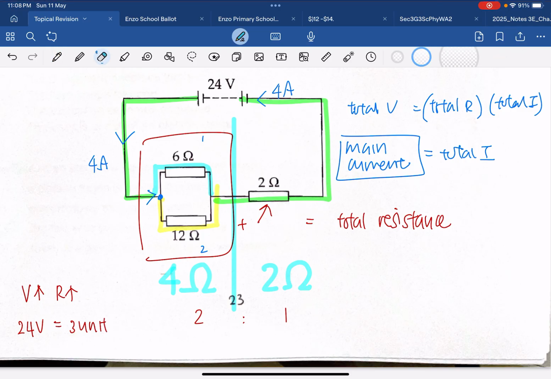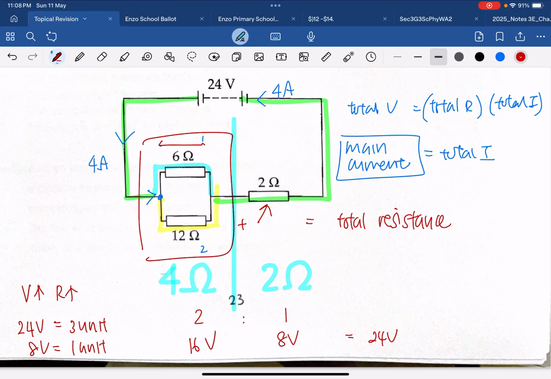So 1 unit is what? 3, 6, 9, 12, 15, 18, 21, 24, so 8 volts. This will get 8 volts, and this one will get 16 volts. Add together, I get 24 volts, which is the total. Potential difference across a parallel circuit is always the same.